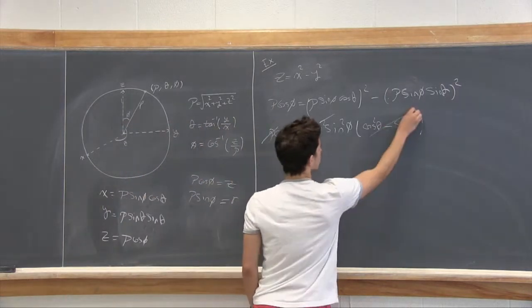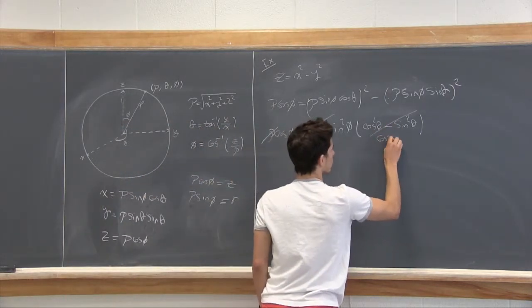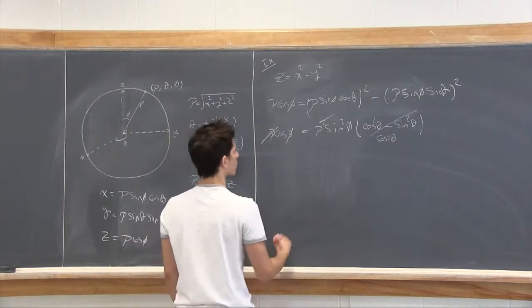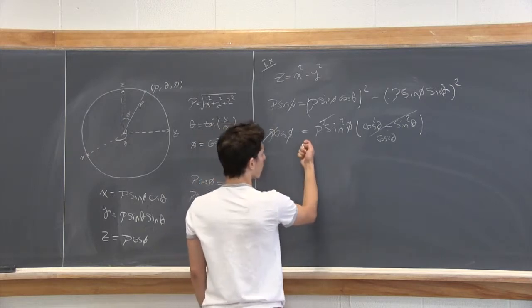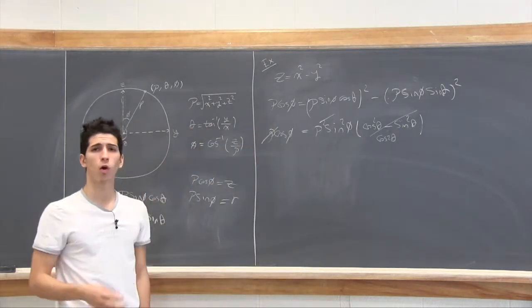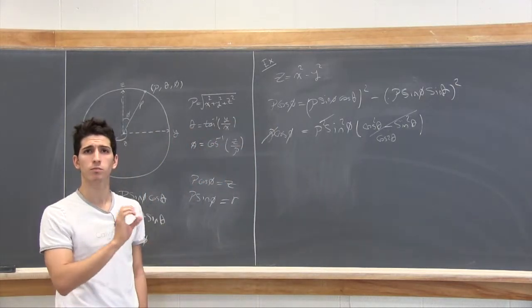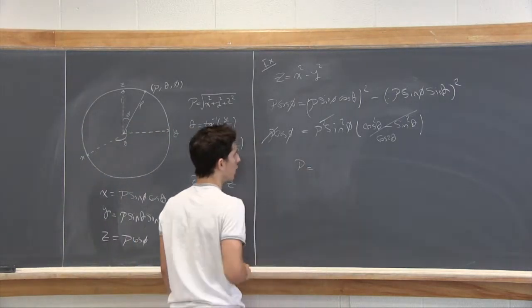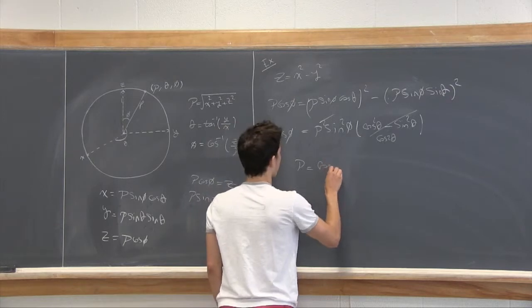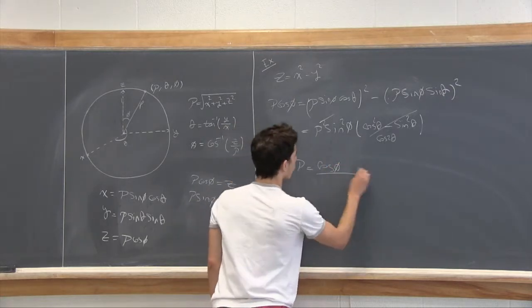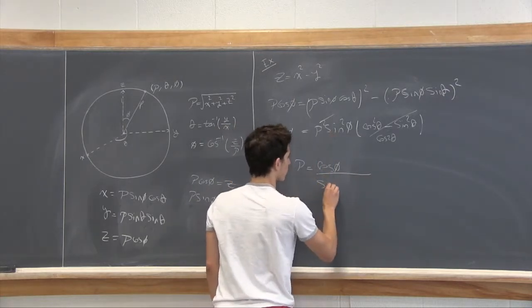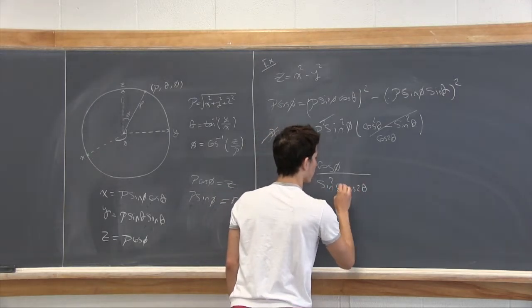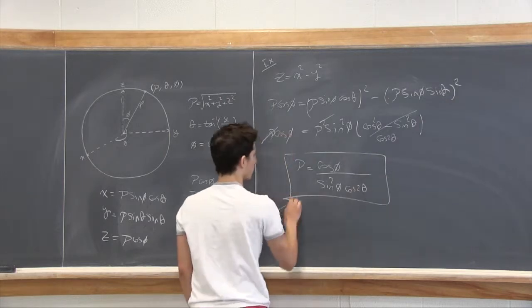So this is actually just going to be cosine of 2 theta. You got to remember your trig identities and stuff like that in multi. And usually what we're going to do is solve for things and set them equal to rho. Okay. So I'm going to write rho is equal to cosine of phi over sine squared phi times cosine of 2 theta. Okay? And that is my answer.